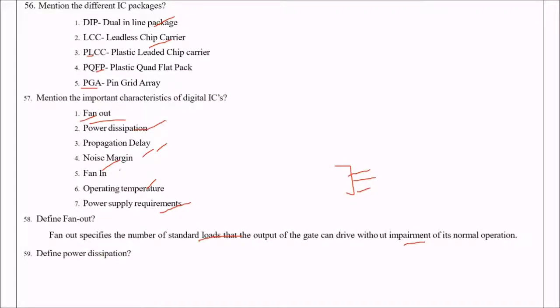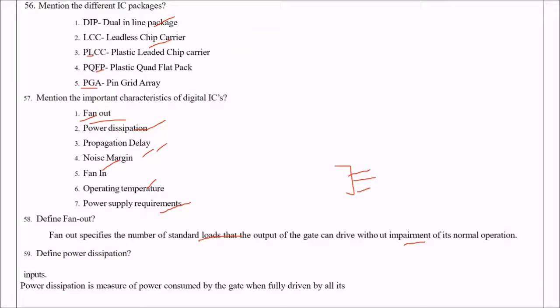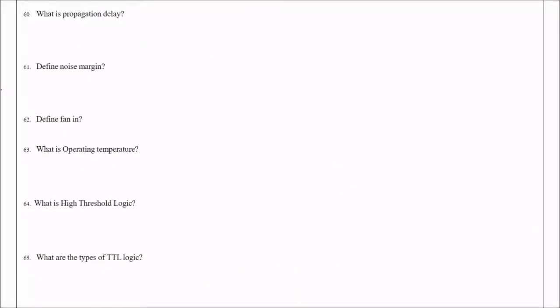Power dissipation now. Define power dissipation. Power dissipation is the measure of power consumed by all the gates when fully driven by all their inputs. So the power consumed by all the gates when all the inputs are applied. What is propagation delay?